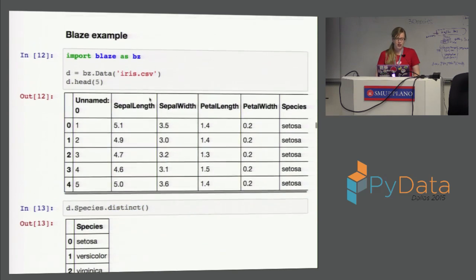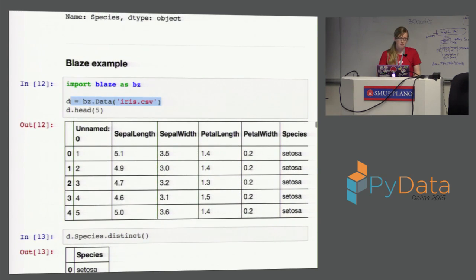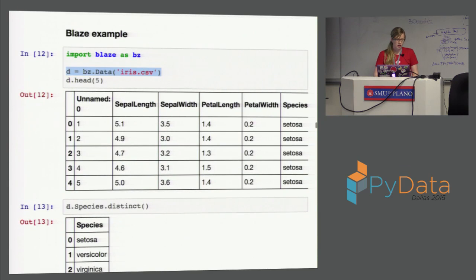A very cool thing about Blaze is, remember those string URIs that we were talking about in Auto? That's the URI you can pass here in Blaze data, and that's how it imports data from that format. And with that data, you can perform any of the Blaze queries. For example, this species distinct query would be valid even if my data came from an SQL table.